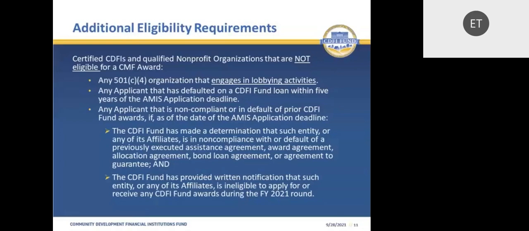You're also not eligible if you have defaulted on a CDFI Fund loan within 5 years of the AMIS application deadline, and if you have been notified by the CDFI Fund that you are non-compliant or in default with a prior CDFI Fund award. That also makes you ineligible to apply.